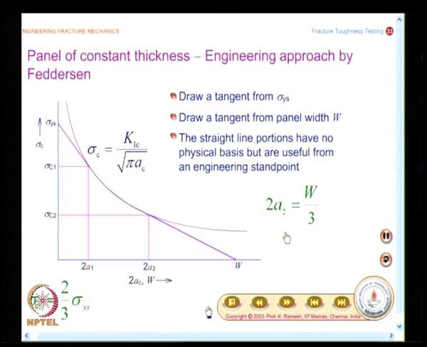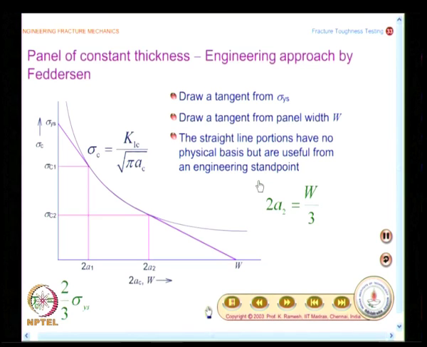So, your screening criteria is depicted here in this fashion, and what you will have to keep in mind is the straight line portions have no physical basis, but are useful from an engineering standpoint. Now, you will find many people who are practicing engineers, they have contributed to fracture mechanics.